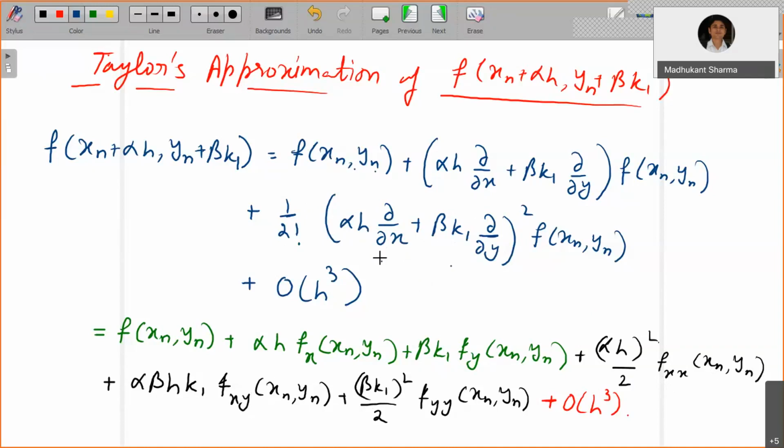Here we are using the fact that the mixed derivative theorem is applicable, meaning all first order and second order partial derivatives exist and are continuous, so fxy and fyx are the same. The next term is (beta k1) whole square by 2 times fyy, plus O(h cube). Now we will try to match.